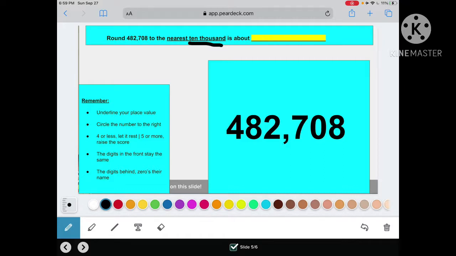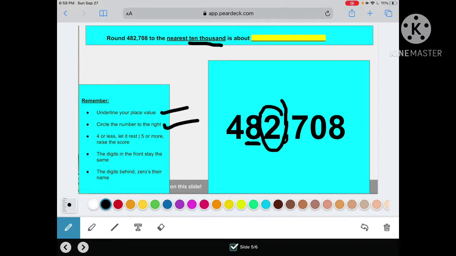What number is in the 10,000s place? Good job. 8. Cross it off. Circle the number to the right. What number is to the right of my 8? Good thinking. 2.